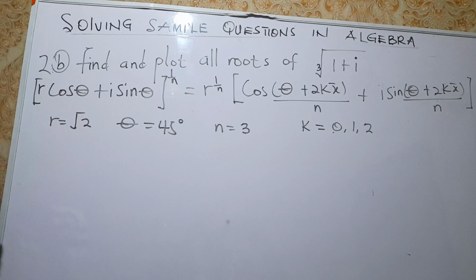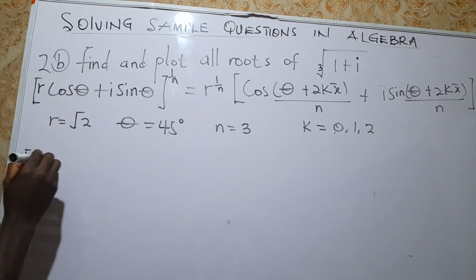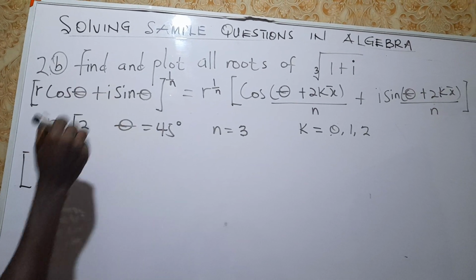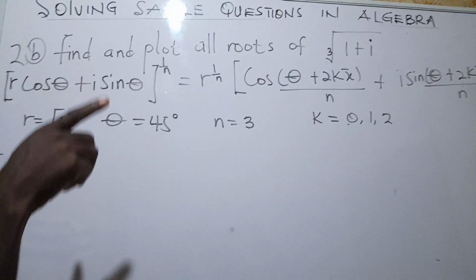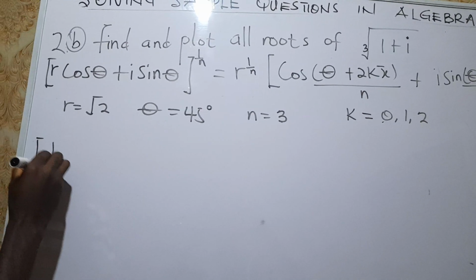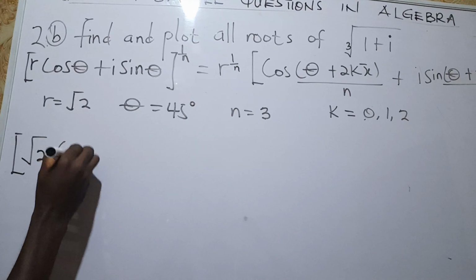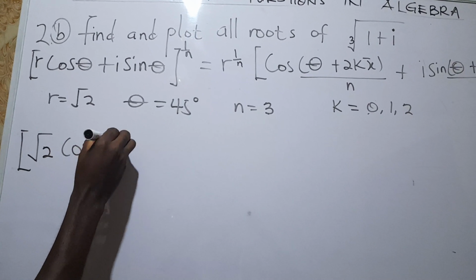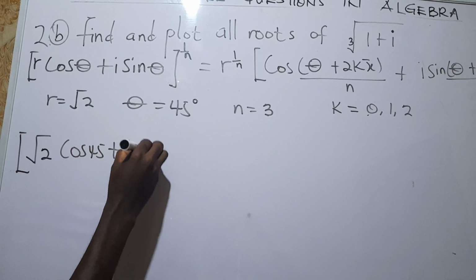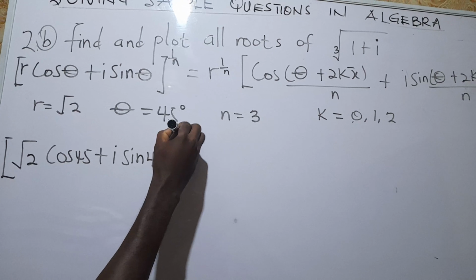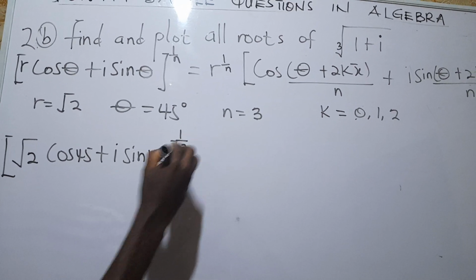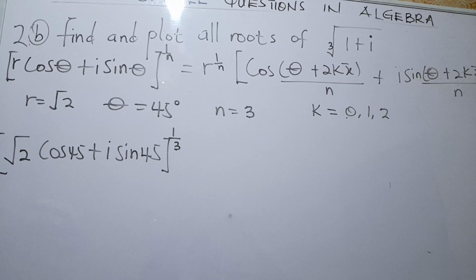We substitute. So we can say that this in its polar form, that's the cubic root of 1 plus I, in its polar form will be root 2, cos 45 plus I sine 45, all exponent 1 over 3. Remember, the n is 3.